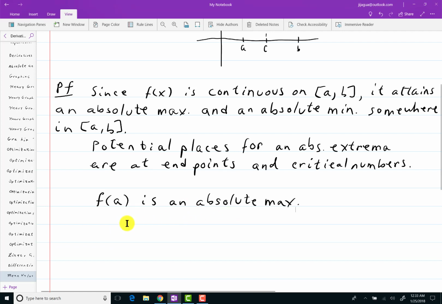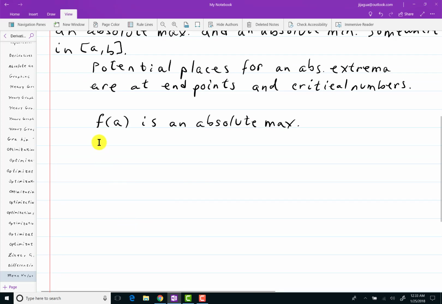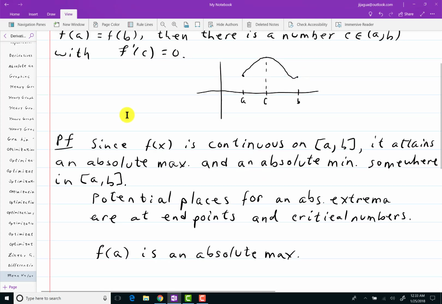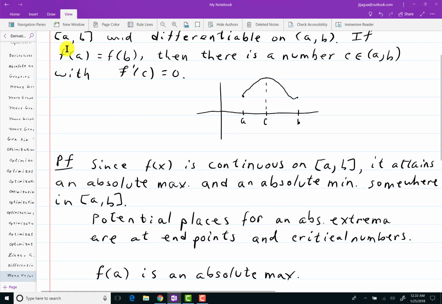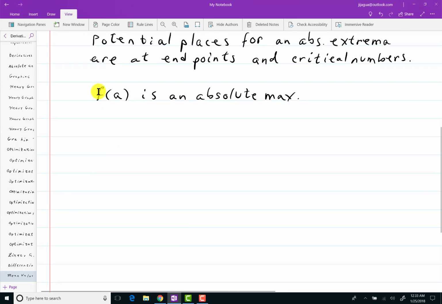Then we have to have an absolute min somewhere in the interval, because f of B could not be an absolute min, since if it was, the absolute max equals the absolute min. We were assuming that f of A equals f of B, and the only way that can happen is when the function is constant.